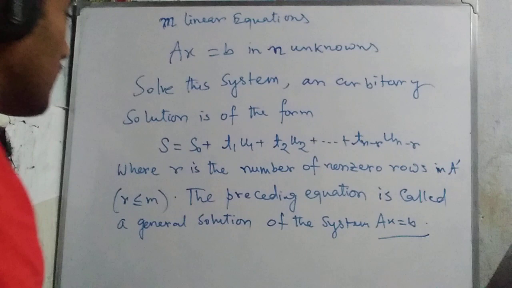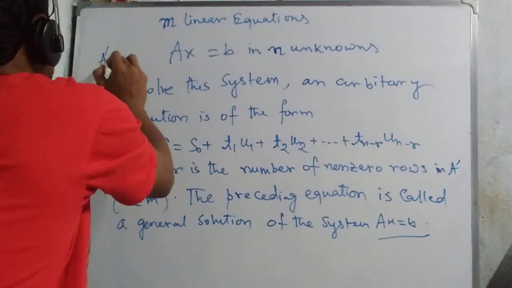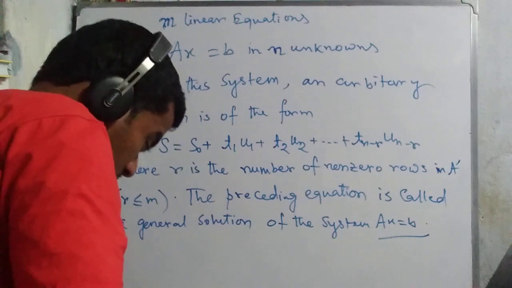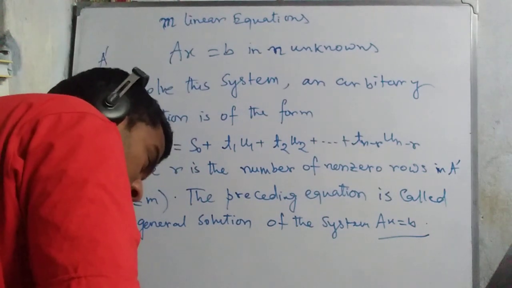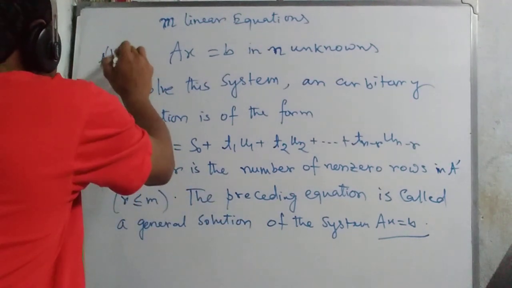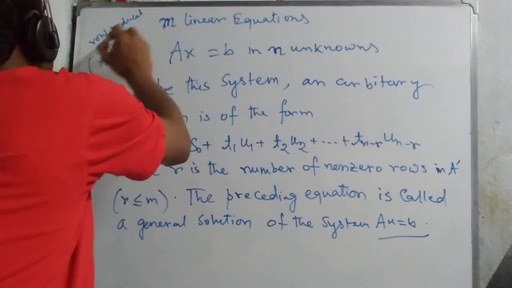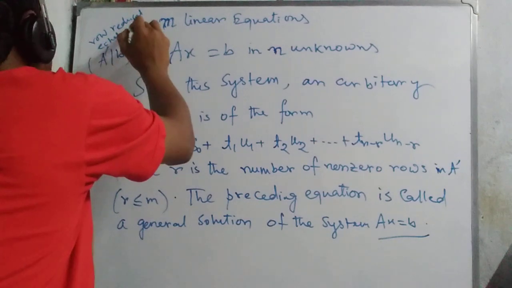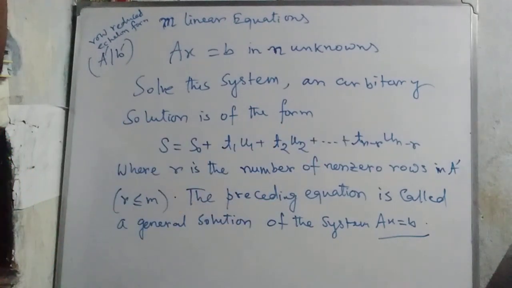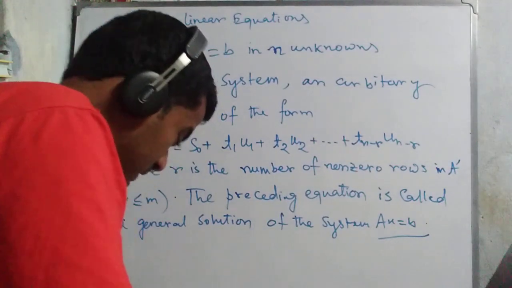In this augmented matrix, that means [A' | b'], we get A' as the row reduced equivalent form of [A | b]. Then this A' has r non-zero rows, so we write it this way. That means some general solution.